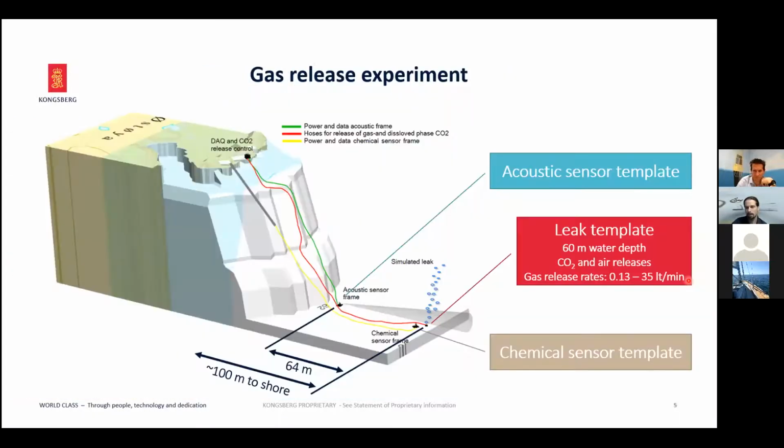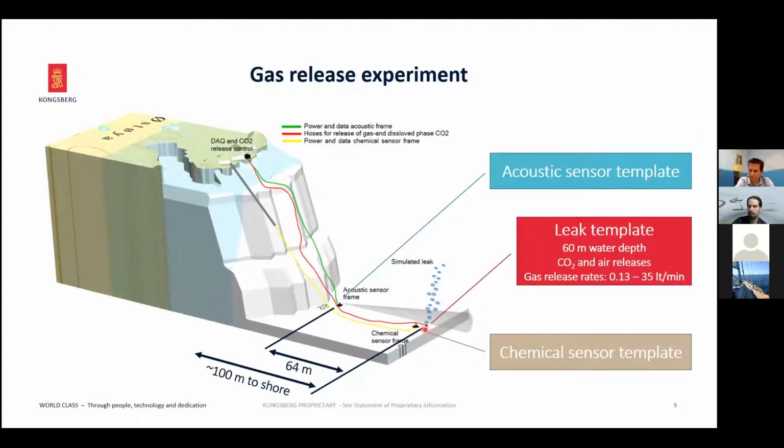This slide gives a little bit more details on how the site looked. So 100 meters from shore and 64 meters apart, two different locations for installations on the seafloor were identified. We had an acoustic sensor template with acoustic sensors insonifying the area of the gas release.